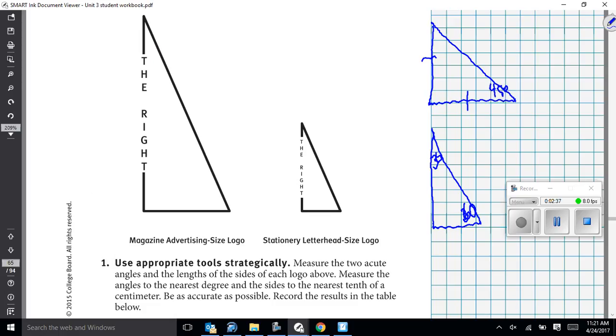They're both right triangles, but are they similar? No. Corresponding sides are not proportional. And are corresponding angles congruent? No. This angle's 45, this one's 60. This angle's 45, this one's 30. So do they meet the similarity criteria? No.